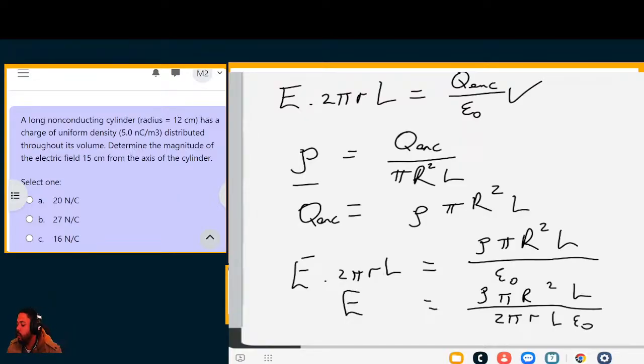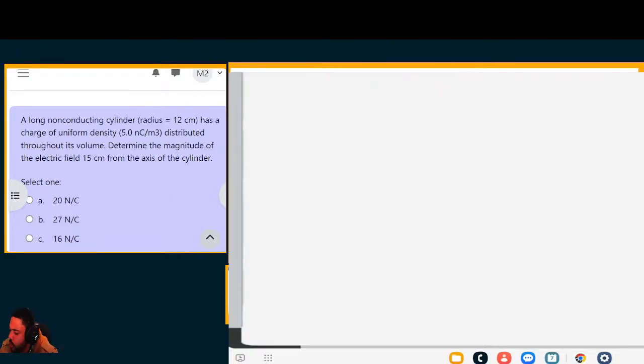We just divided by 2 pi r L. Basic algebra: we can cancel pi, we can cancel L, and that leaves us with the following formula. Electric field is equal to rho R squared over 2 epsilon naught r, where r is the distance away from the cylinder, 15 centimeters.